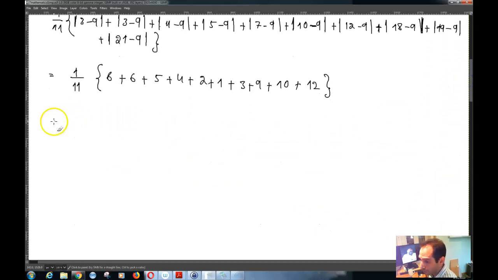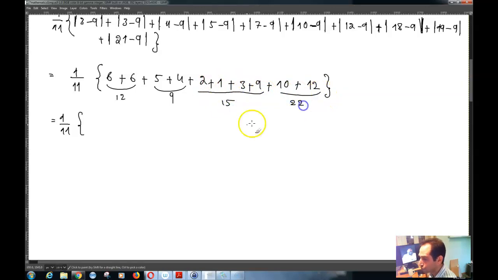Then you have 1 divided by 11 times, this is a 12, this is a 9, 3 plus 3 is 6, 6 plus 9 is 15, and here a 22. So 12 plus 22 is 34, and 9 plus 15 is 24, which is equal to 58.